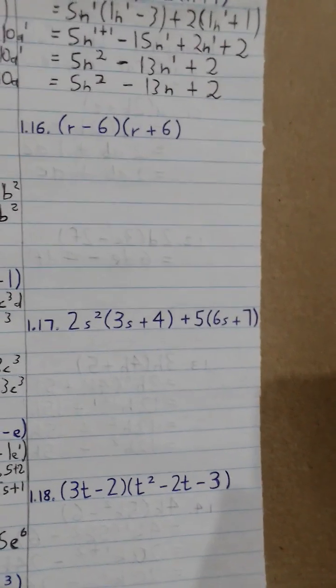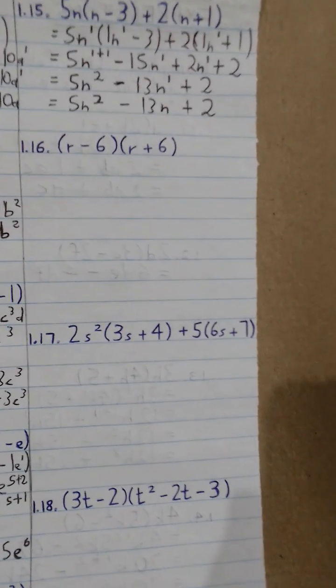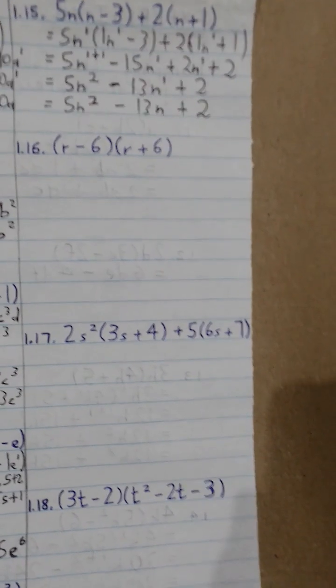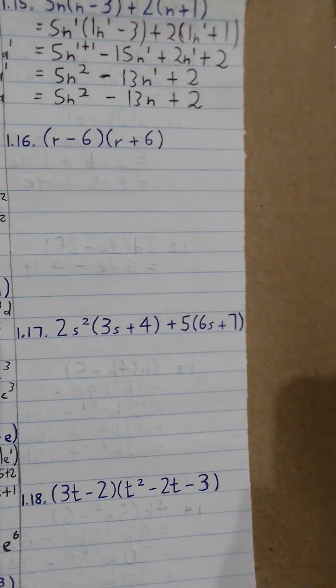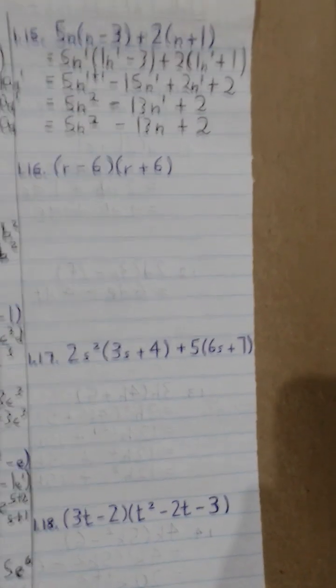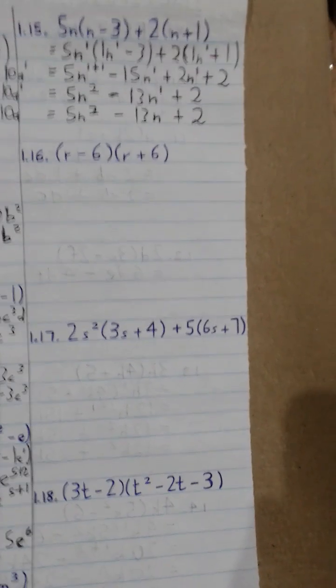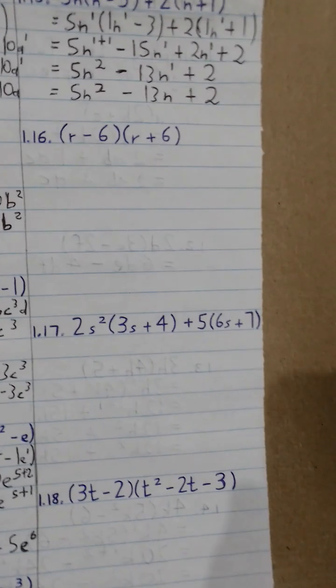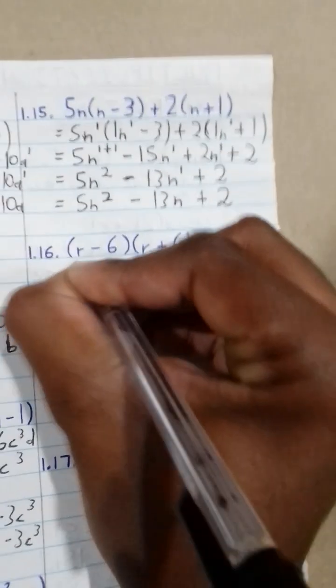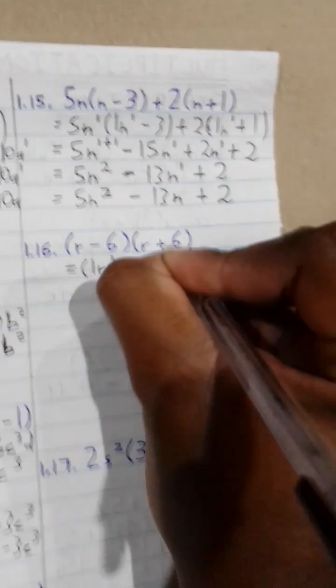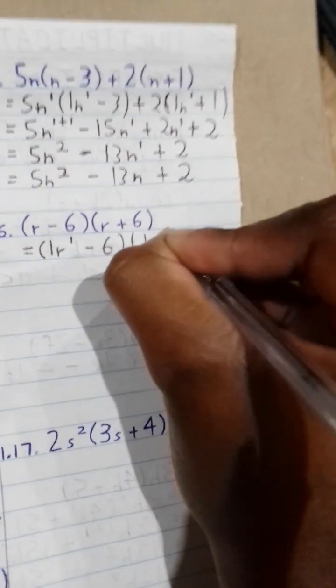1.16, open bracket, r minus 6, close bracket, open bracket, r plus 6, close bracket. So r and r, make sure that everything has a coefficient as well as an exponent. So this is going to be 1r to the power of 1 minus 6, 1r to the power of 1 plus 6.